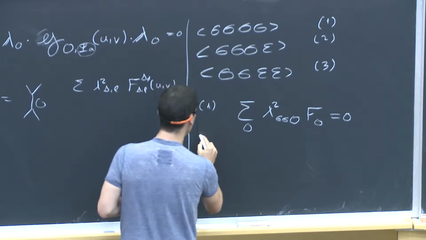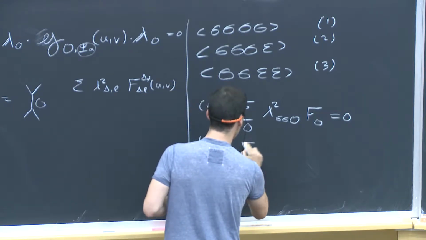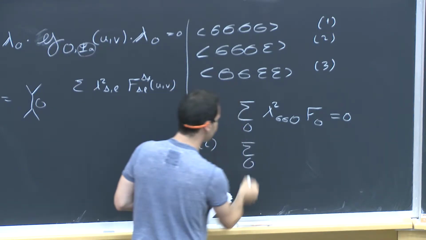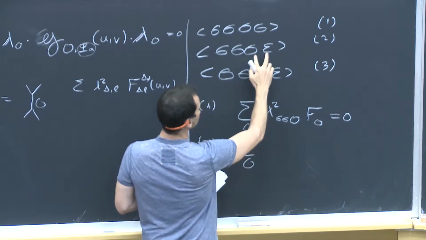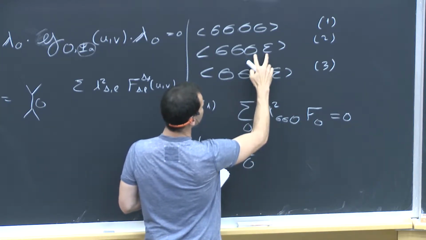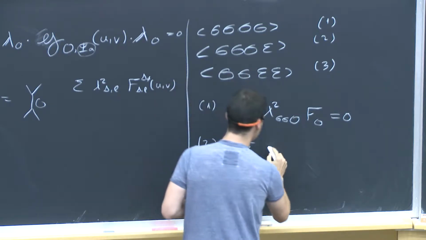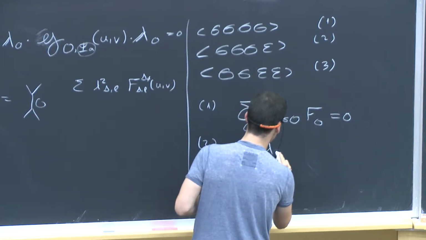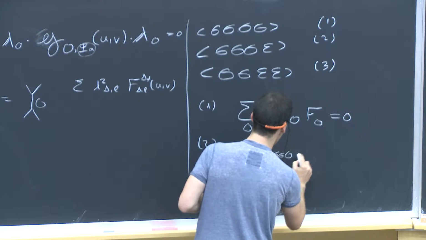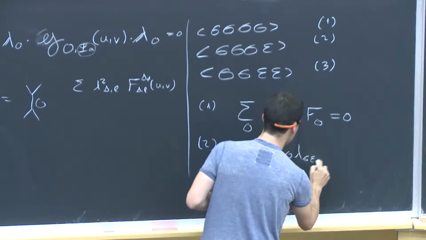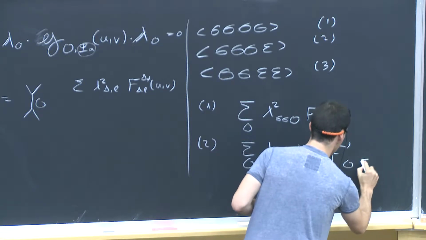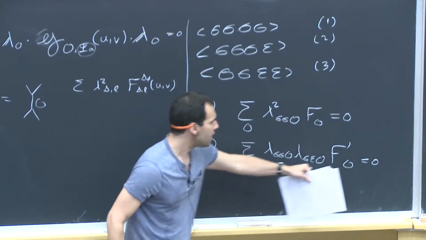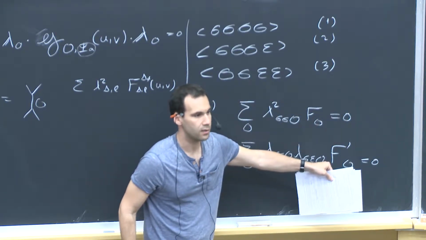Then equation 2, it's similar. So again, I have some sum over operators. But now, if you do the OPE, for instance, in this channel, sigma epsilon, sigma sigma, then you see that the OPE coefficients will not appear squared because you'll get sigma sigma O and sigma epsilon O. And now there will be a different f that appears here.